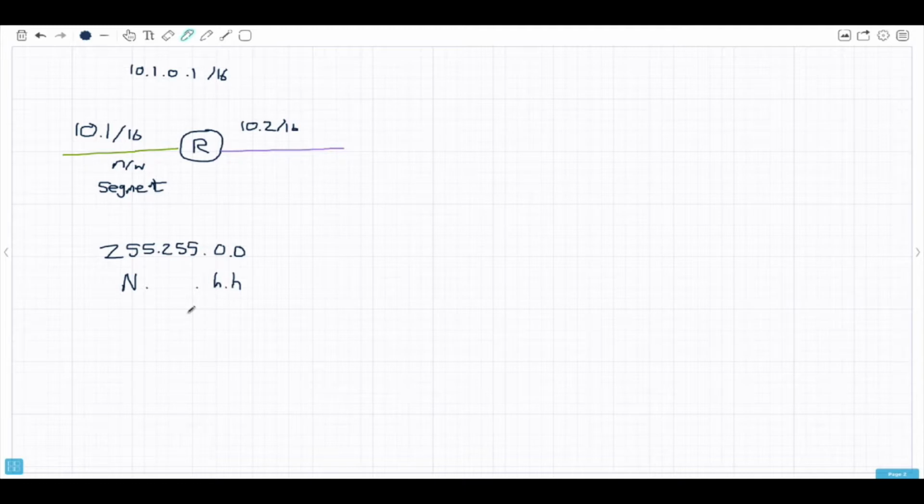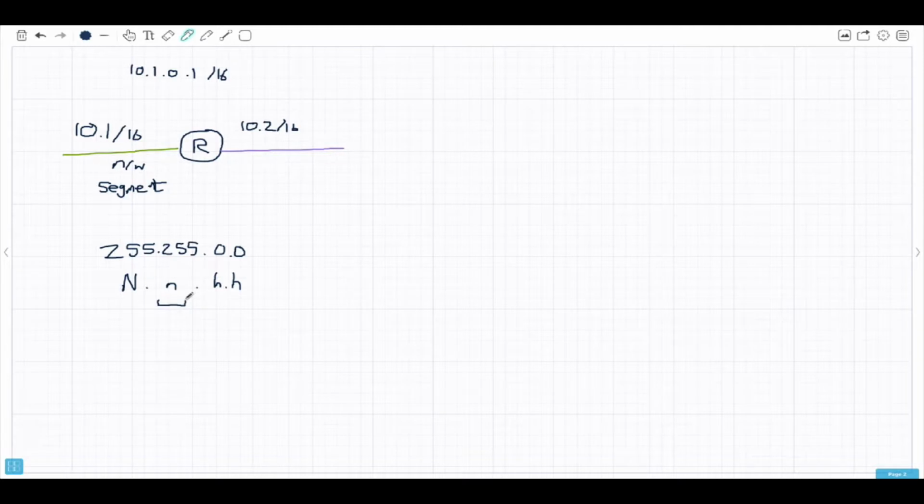Now, you can't call them network because 10.1 is going to confuse a lot of things because 10 is the network. So we use the word subnet, and I'll draw this with a lowercase n to signify that it's a stolen network field.